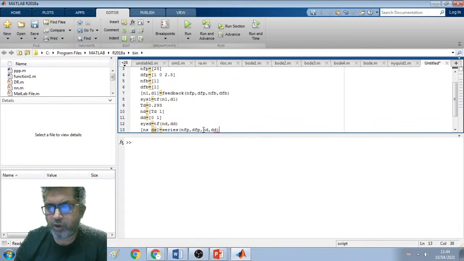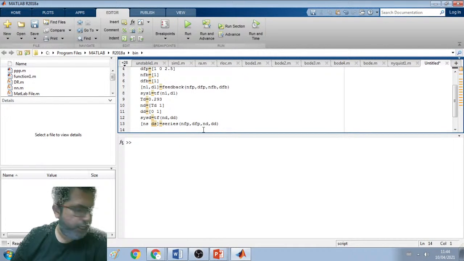So this is your series connection of derivative controller with the forward gain. Okay.